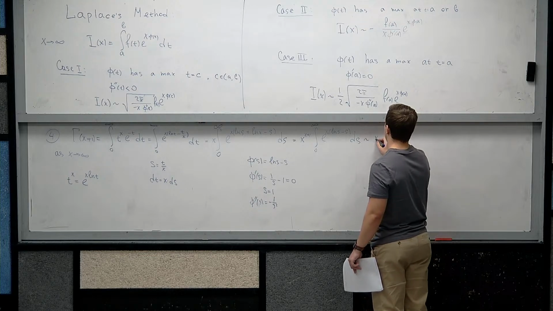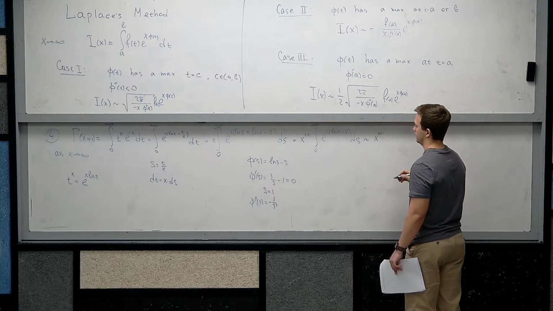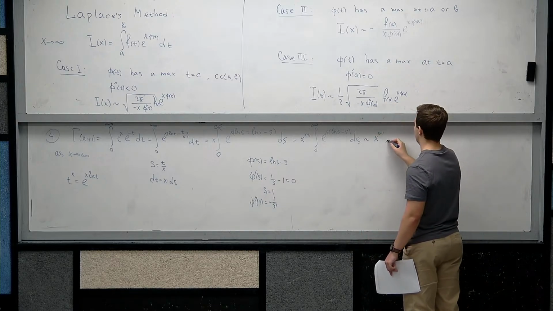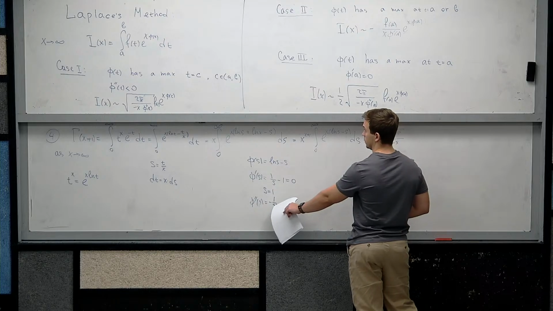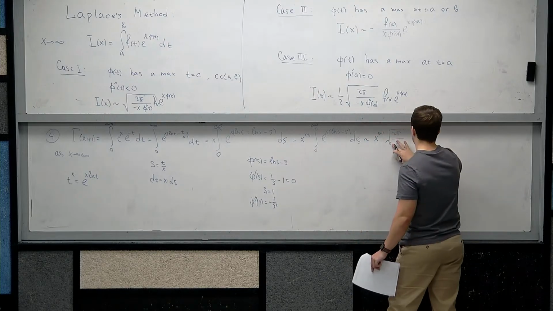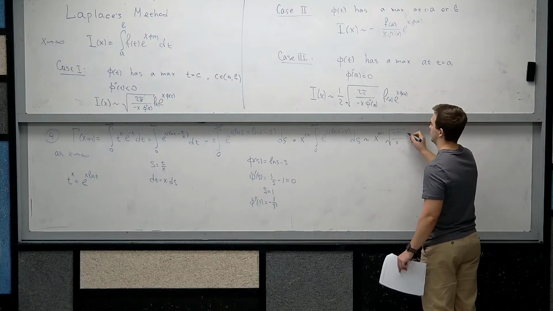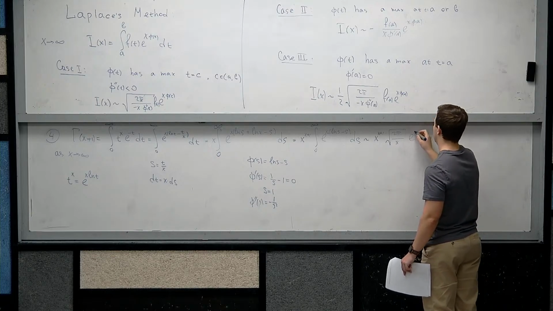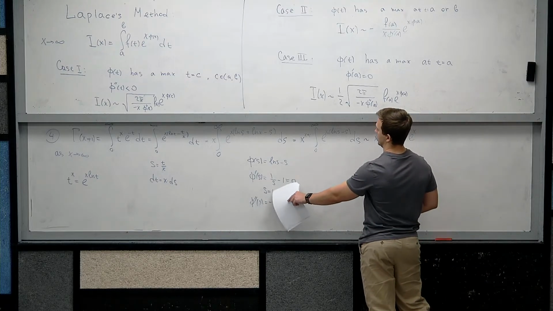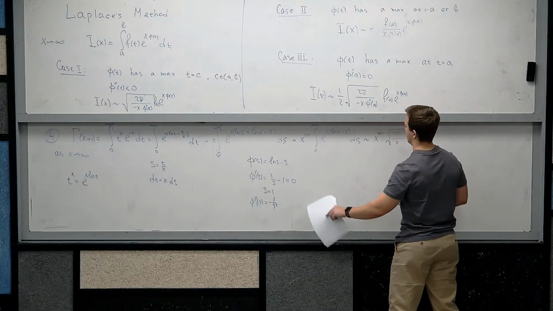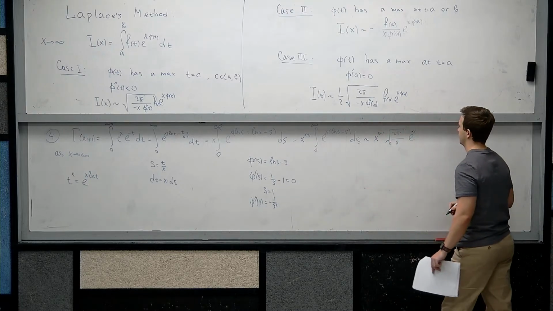So x times x to the power x plus 1, then the square root of 2π divided by −x times the second derivative at s = 1, so divided by x, times e to the x, and phi at s = 1 is −1, so e to the −x.